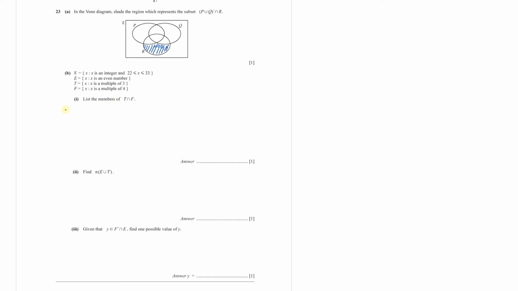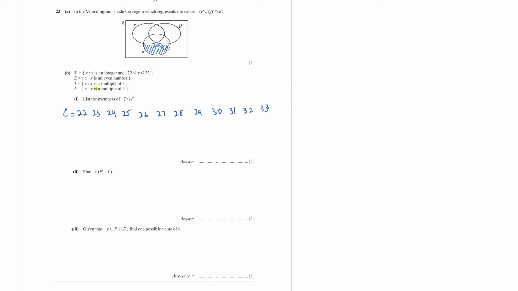So let me write down the universal set, which is everything between 22 and 33, including the 22 and 33 boundary as well. So 22, 23, 24, 25, and everything up till 32 and 33.